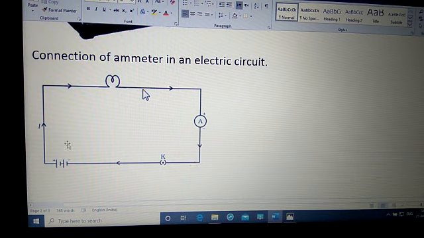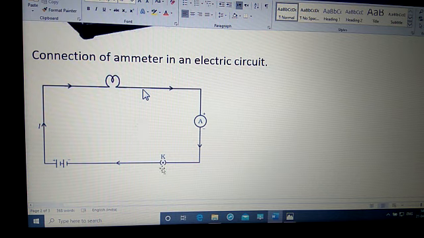See, in this circuit diagram, the battery has positive and negative terminals, and the ammeter has positive and negative terminals, whereas the bulb, and this bulb is a filament bulb, an incandescent bulb, not an LED bulb, has no polarities like positive, negative. So we can connect to any one of the two terminals.